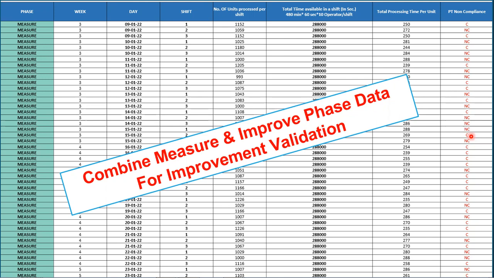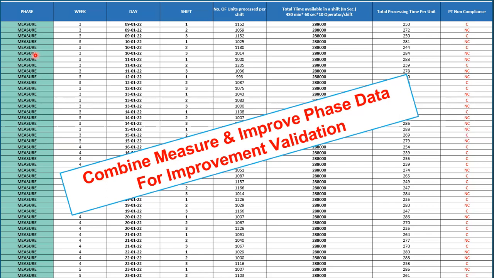We are going to take the data up till the column called PT non-compliance. This is measure phase data, and then we are going to combine it with improved phase data. The same columns, we are just going to put below each other. So we are starting with measure phase. We are going to take it in a spreadsheet, and below measure phase, we're going to paste the data of improved phase. So that would be the data together, right?